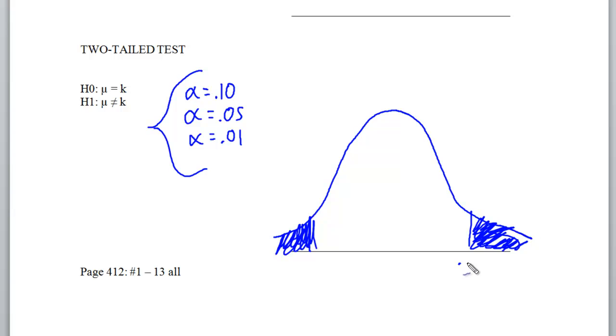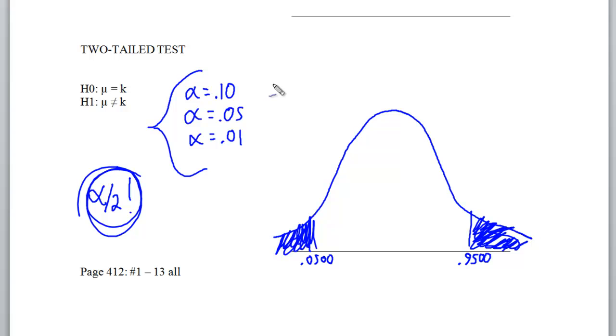This is technically 0.9500, and this is technically 0.0500, because this is a two-tailed test, so you got to take your alpha and divide it by 2. Very important to take your alpha and divide it by 2 to find these scores.